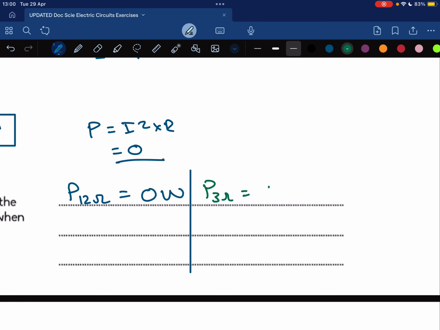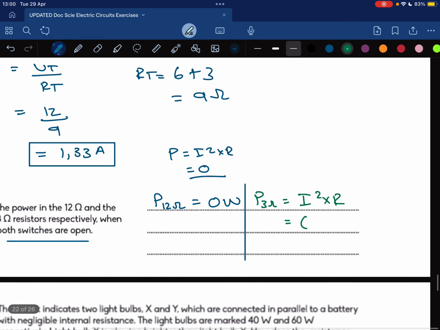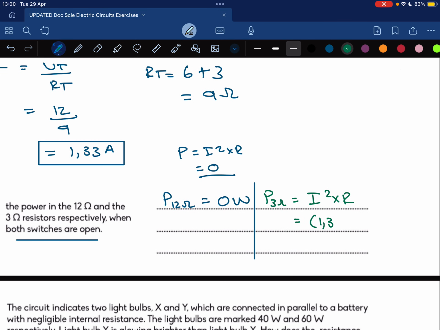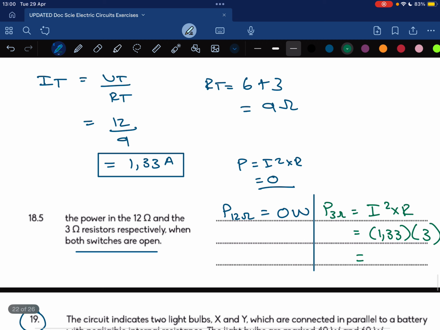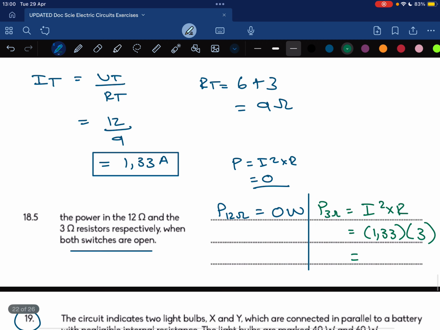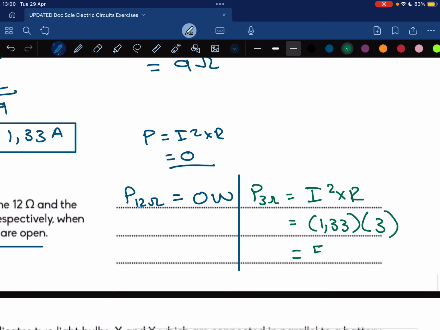So I can say, well, power is I squared times R, which is the current I just calculated to be 1.33 times 3, which is the resistance. So the power there is going to be 5.31 watts.